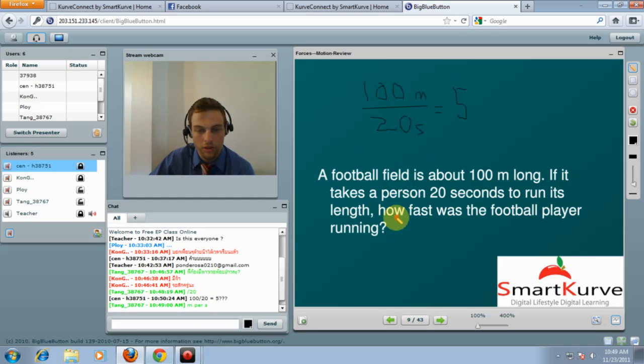Perfect, thank you. So you divide by 20, it equals 5, and this would be meters per second, which is usually what you see for speed. With a car, you'd see kilometers per hour, but a lot of times in physics, they use meters per second, depending on how large the number is.